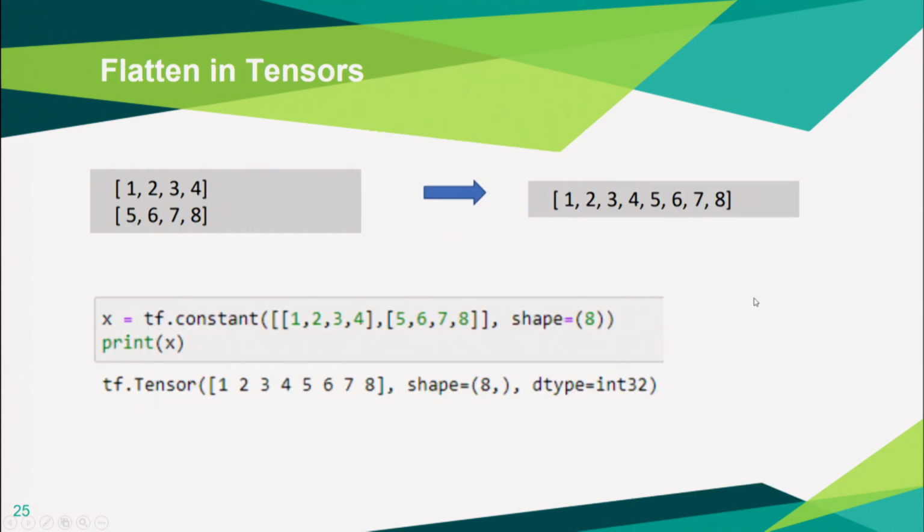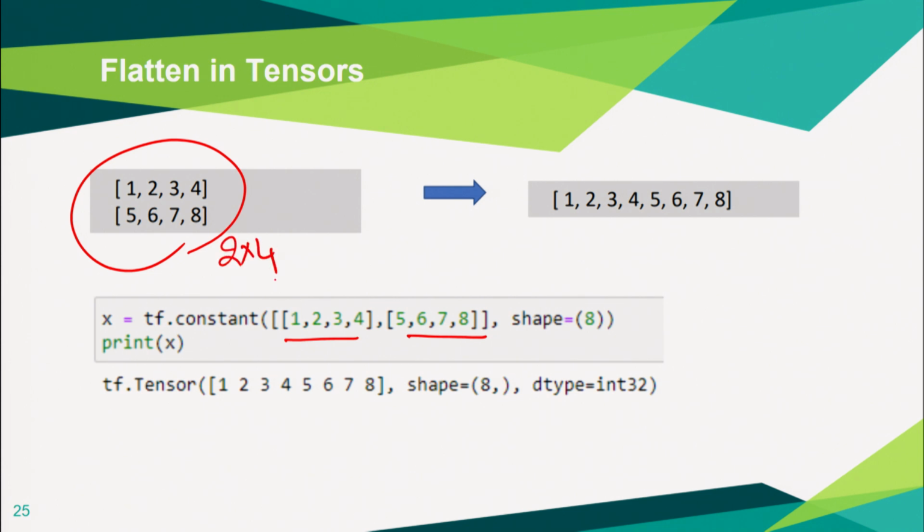Now, how to flatten tensors? If a 2-dimensional tensor has been taken and you want to flatten it, to make it a single shape, how will you do that? See here, this is a matrix of 2 rows and 4 columns.